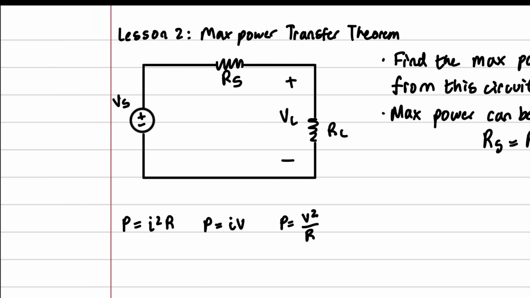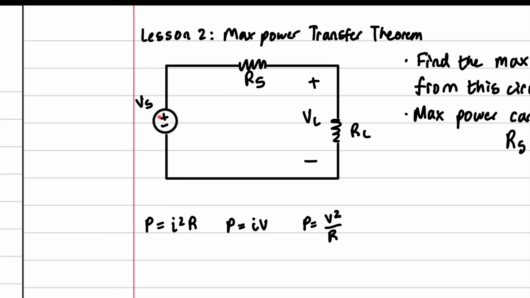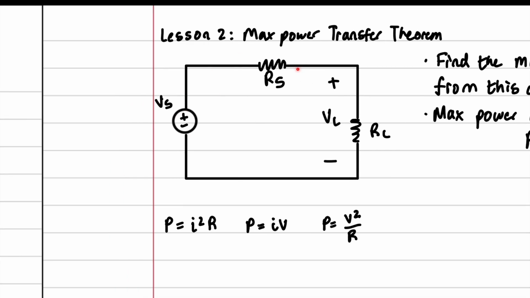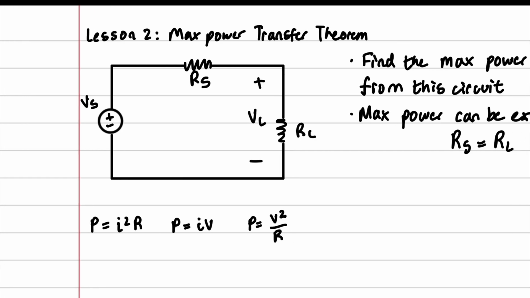So we're given that RS is some value and VS is some value. So say that this is just some system right here that is trying to communicate with this system right here. We're trying to find what is the max power that can be extracted from this system.